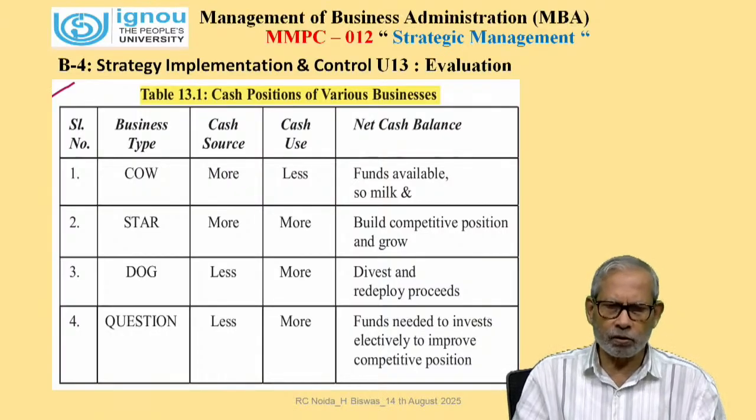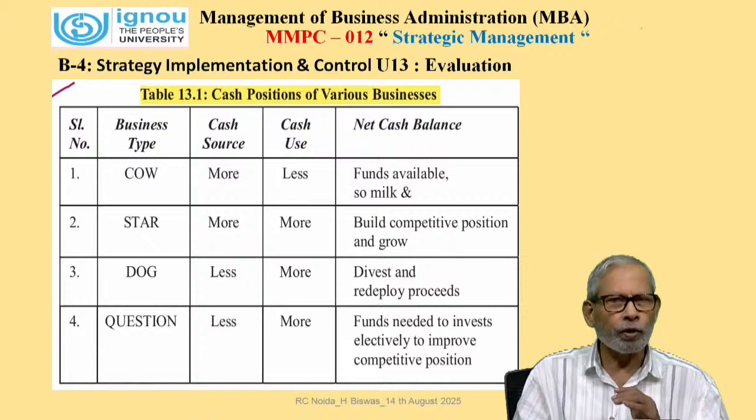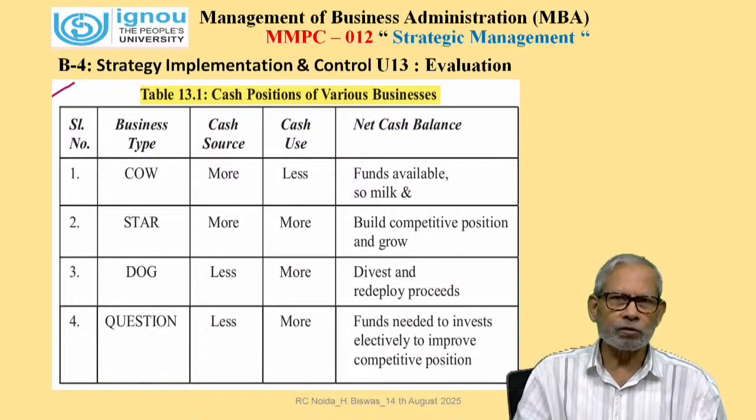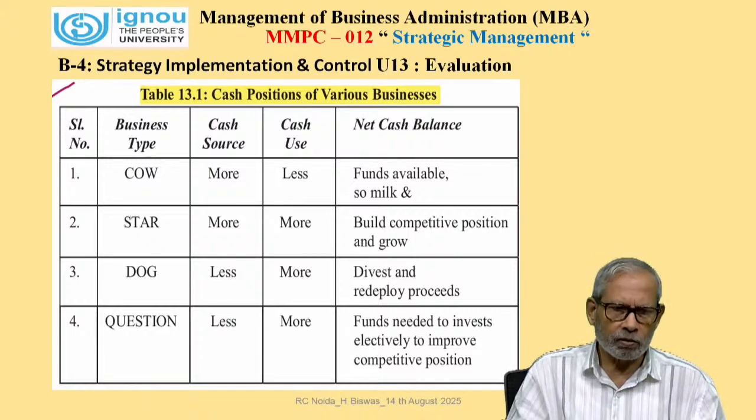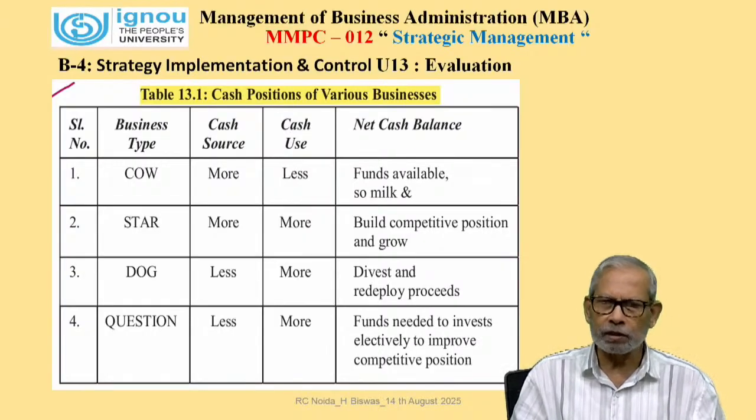Star is building competitive positions and showing growth. Dog is basically the business type which is growing, but market share is not there. Both conditions are low. In the case of dog, cash source is also less and cash use is more.